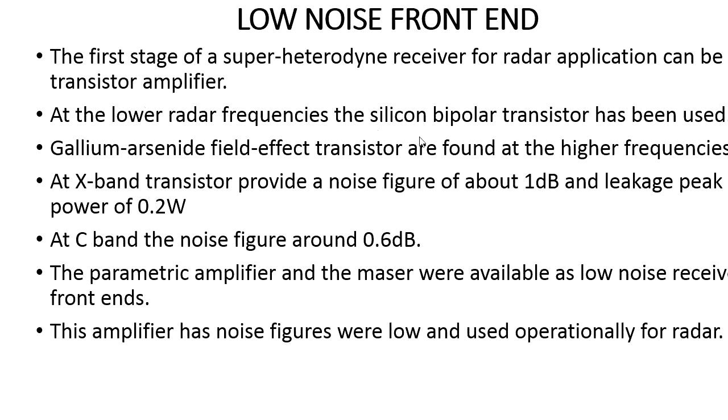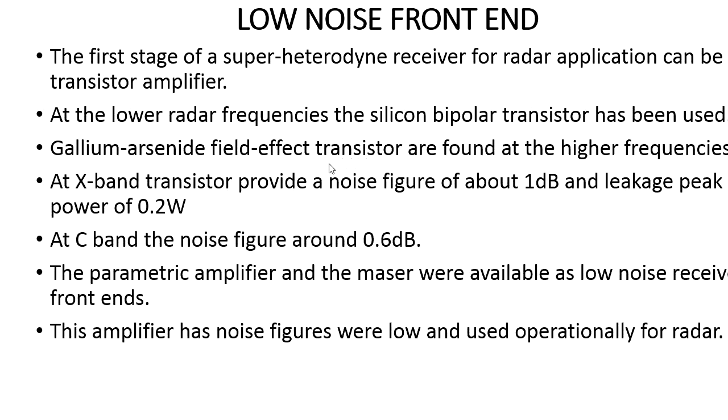If I want to detect the higher range of frequencies, we are going to use a gallium arsenide field effect transistor. These are the different transistors for the lower range and higher range frequencies.